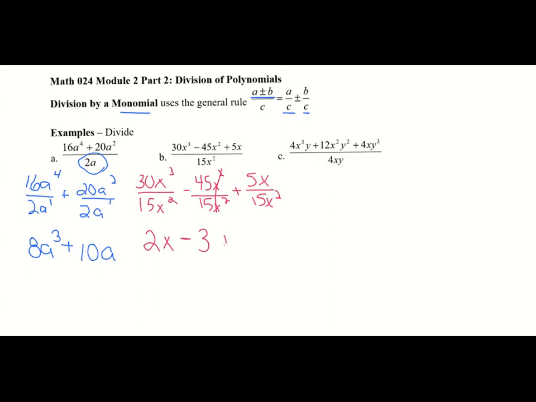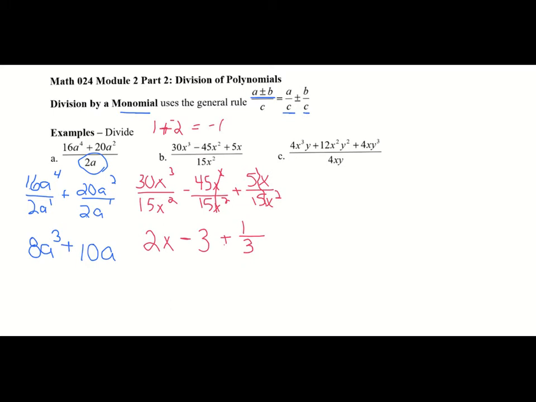Now, for the last part, I'm going to put my plus sign. And 5 over 15, 15 doesn't go into 5 evenly, so I'm going to look at it more as a fraction and simplify that fraction by dividing them both by 5. It becomes 1/3. Now, I have an x on the top and a 2 on the bottom. If I do 1 minus 2, it's going to give me a -1.